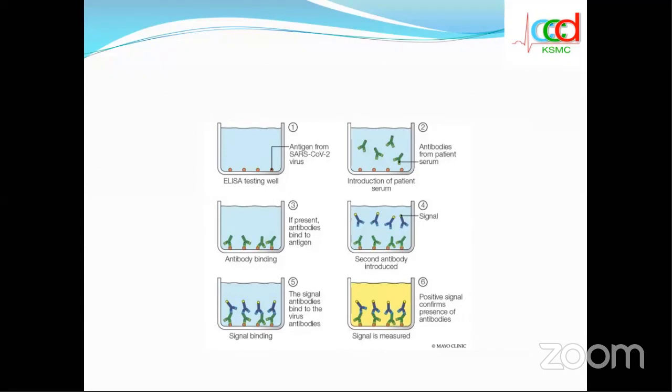The signal antibodies bind to the virus antibodies, which is called signal binding. And at the end, we will find a positive signal confirming the presence of the antibodies. So this confirms there are antibodies against the virus. Next.